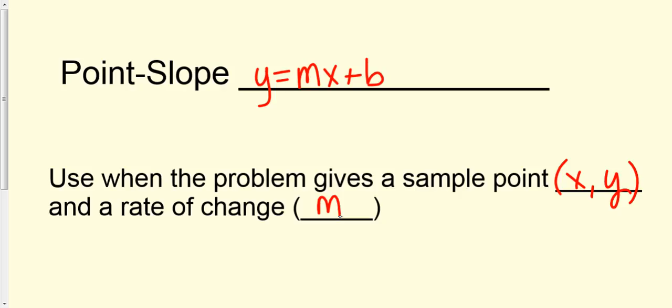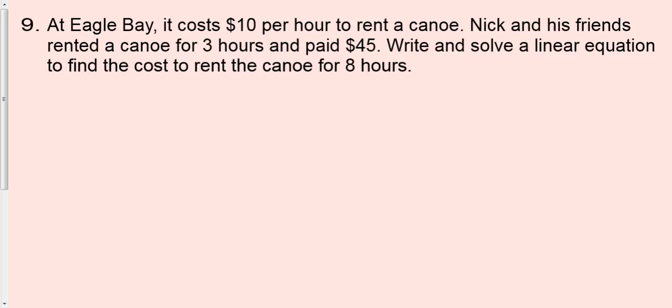Let's go ahead and get started with our first example problem. At Eagle Bay, it costs $10 per hour to rent a canoe. Nick and his friends rented a canoe for 3 hours and paid $45. We're going to write and solve a linear equation to find the cost to rent the canoe for 8 hours. So again, I'm going to reread and underline key aspects.